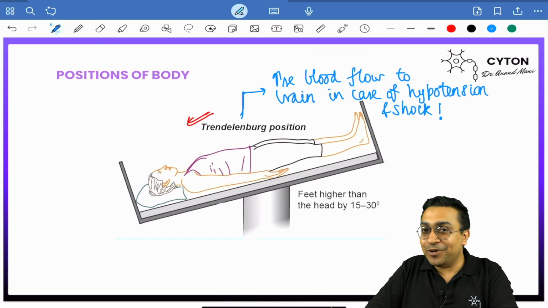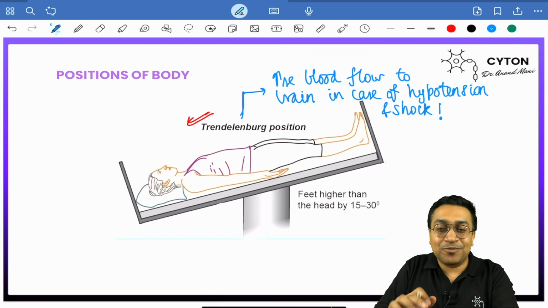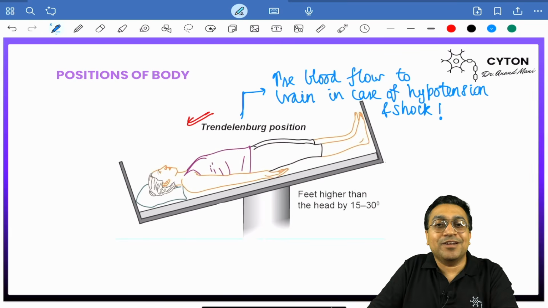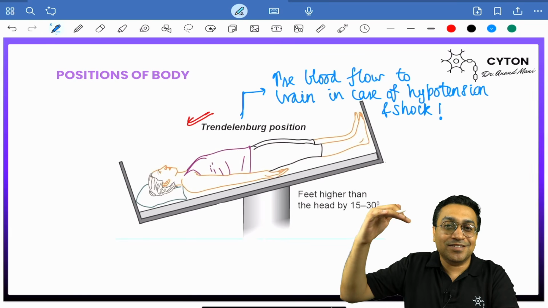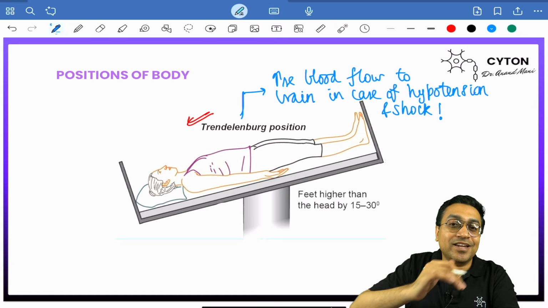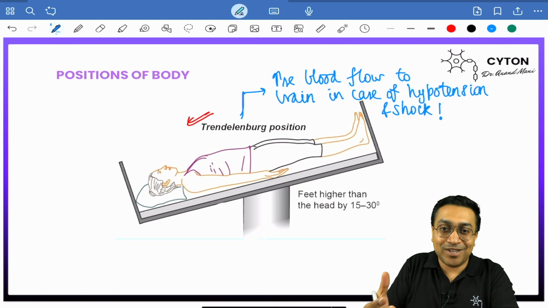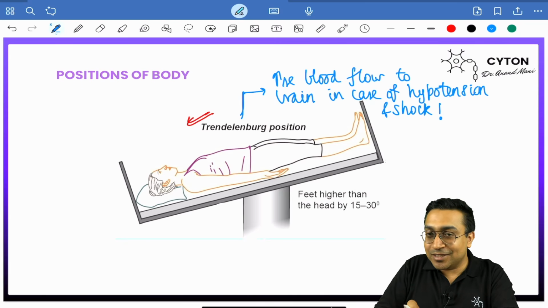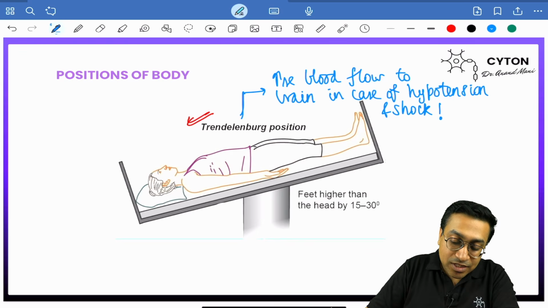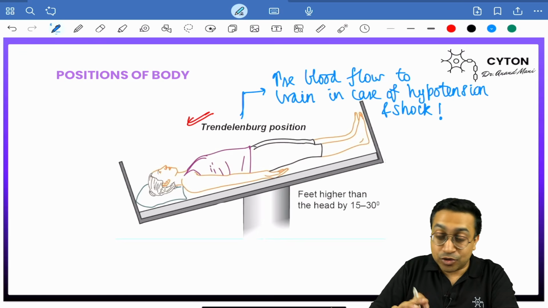And then the other people around you will put you in this Trendelenburg position where they will raise the legs so that the blood flow to the brain can increase and you will be again conscious, okay. Otherwise you will just get unconscious. So that is something which is useful again in emergency. So this is something, the Trendelenburg position, which you will be remembering through this.